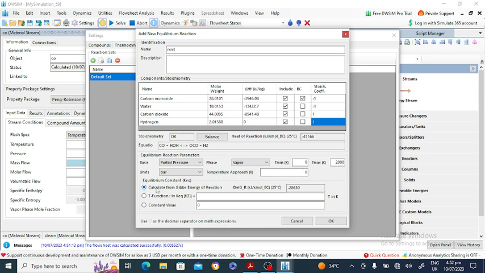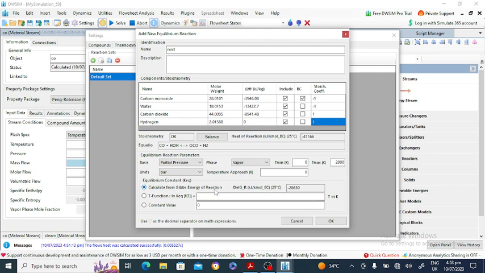The equilibrium constant is calculated from the Gibbs free energy of reaction. If you know the equilibrium constant, for example 0.44, you can put in the ln Keq place, or you can obtain it from the ln function.